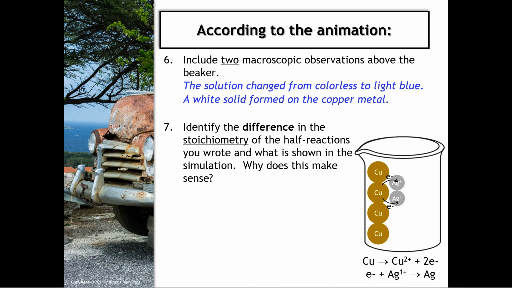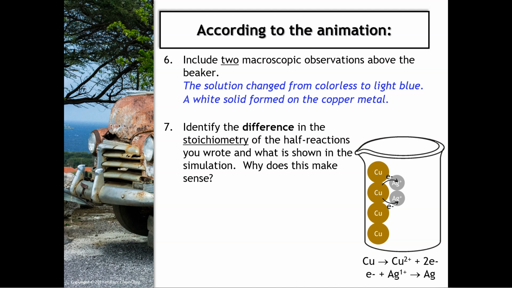Now, in number 7, this is very important. This is what the lesson is really going to emphasize today. It says, explain the difference in the stoichiometry of the half reactions you wrote and what is shown in the simulation. Why does this make sense? Notice below the beaker, we have the 2 half reactions that we originally wrote, right? Right when we started this lesson, this is what it looked like.